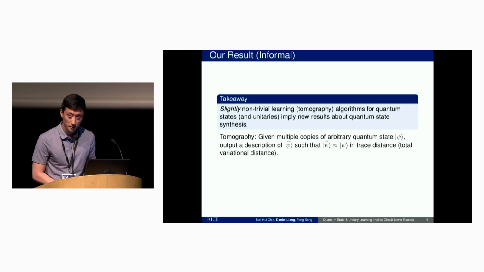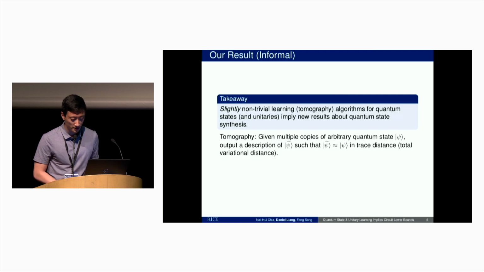So the takeaway of our result is that slightly non-trivial tomography algorithms, I'll go into what tomography means just below, for quantum states or quantum unitaries imply new results about quantum state synthesis, and in small parentheses, also about classical circuit complexity.